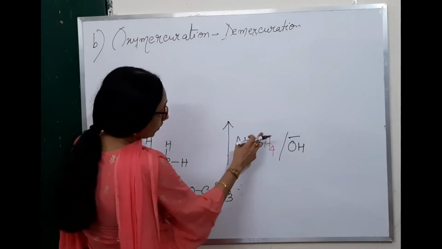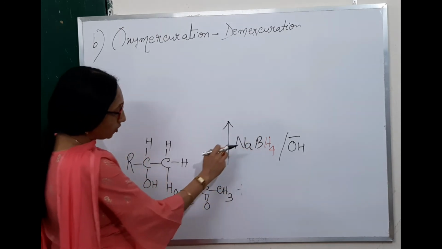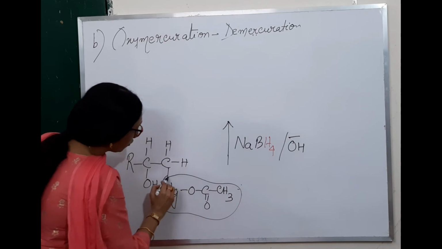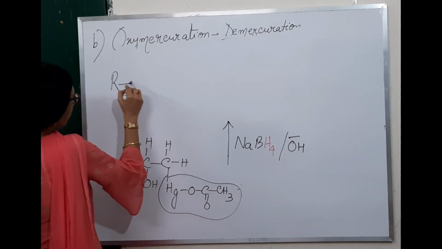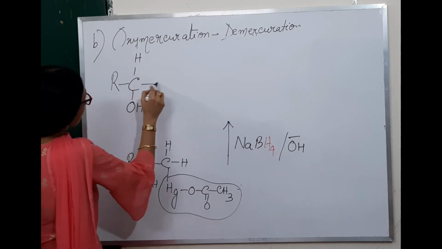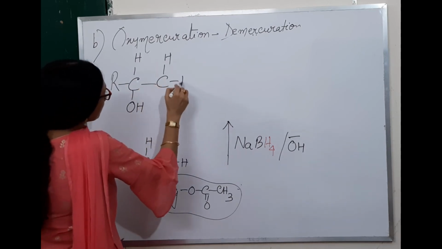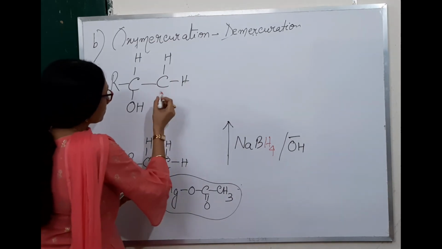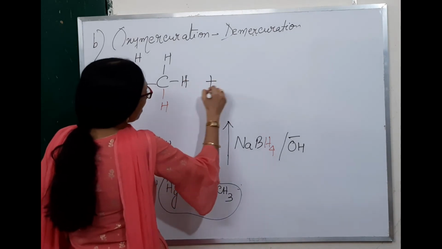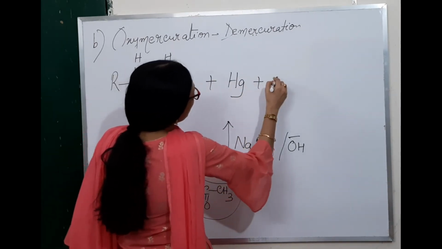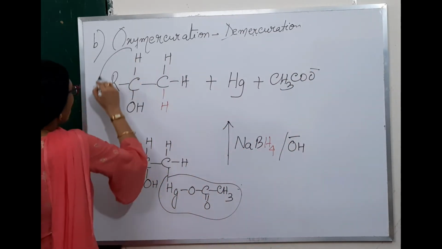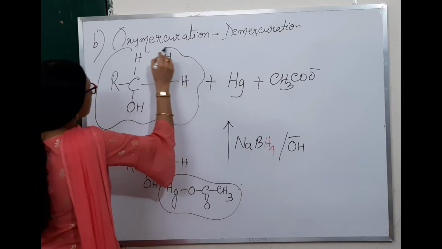Now, this sodium borohydride will reduce and replace this acetoxymercury group. Let us see what will be the product. H plus we will get mercury is set free plus acetate. So this is our organic product.